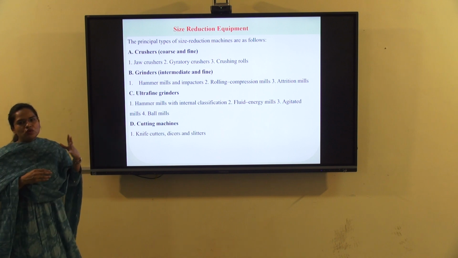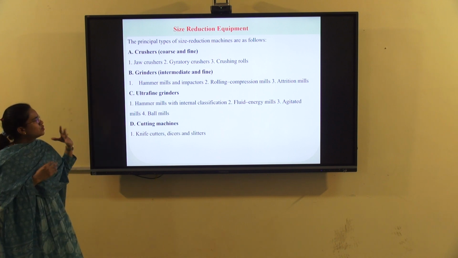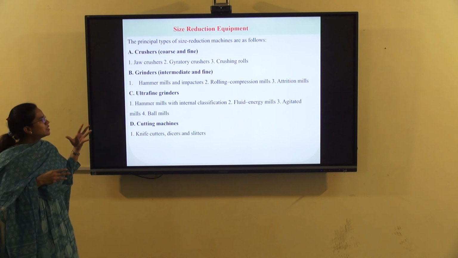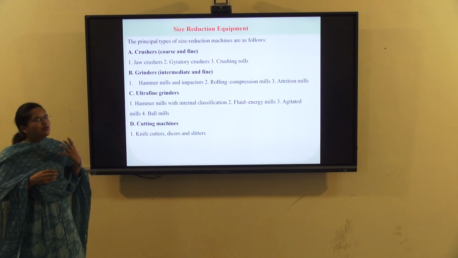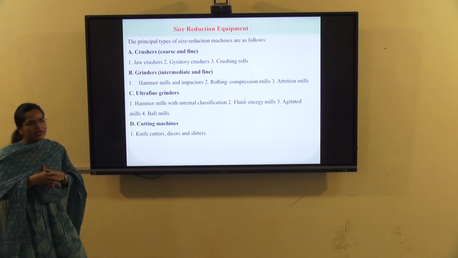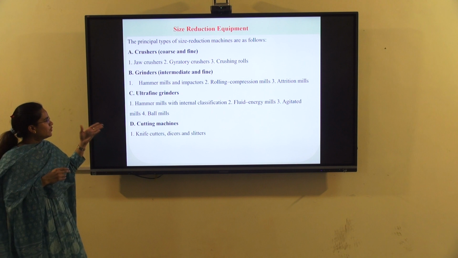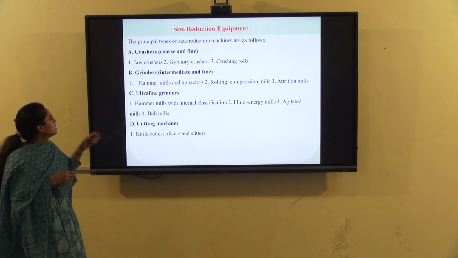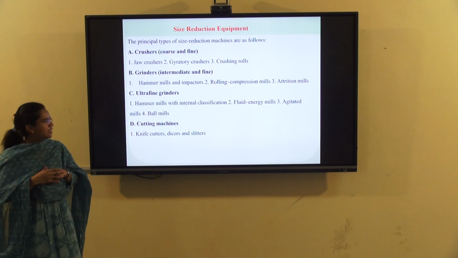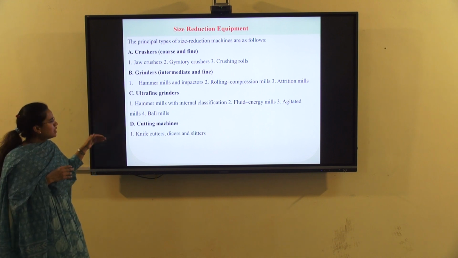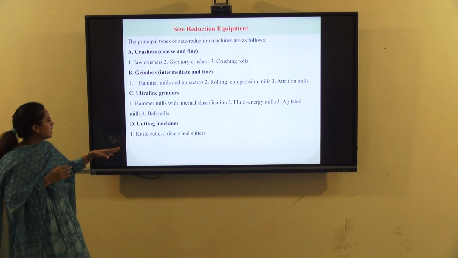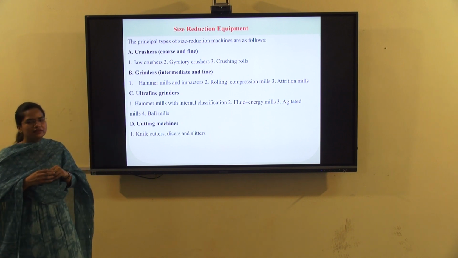Grinders are used for intermediate and fine grinding, and include hammer mills, attrition mill, rolling compression mill or the ball mill. Ultra fine grinders include hammer mill with internal classification, fluid energy mill and aggregated. The cutting machines include different cutters, knife cutters, dicers and slicers.